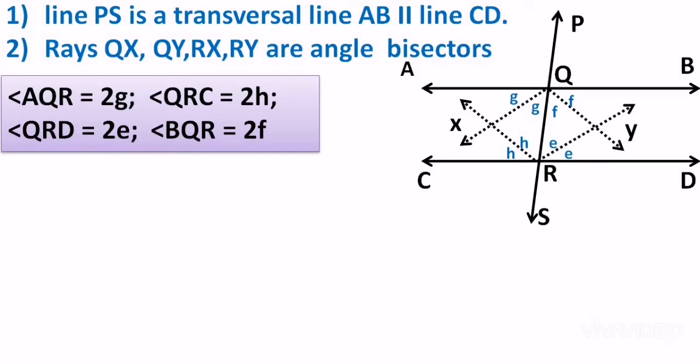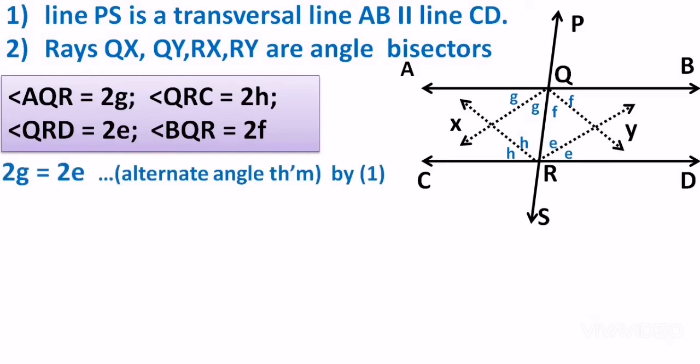Okay, move on. If you observe now on transversal PS, AQR, that is 2G, and QRD, that is 2E, are forming a Z shape, and Z shape is nothing but the alternate angles, and that makes 2G equals to 2E, right or not?